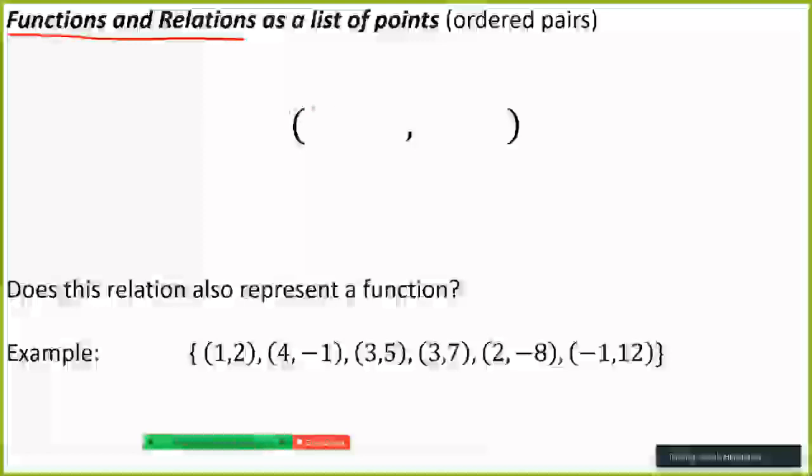What that looks like is a set of parentheses with our input number on the left. We always write that first, and then the output number on the right. Input, output. I'm going to list off some other terms here that go with those, just to get used to using them interchangeably. Normally, folks, and soon we'll be talking about them always as X's and Y's. So the X number is always the first one and the Y second.